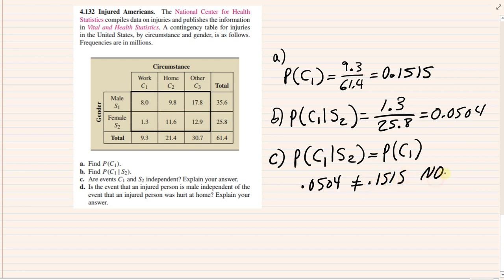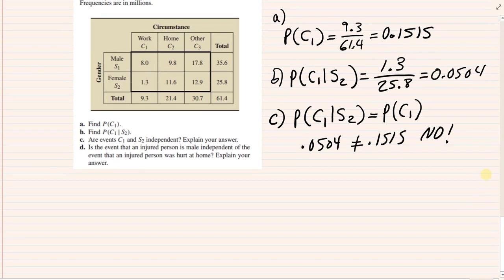So the answer is no. They are not independent. That means they are dependent. So what does that mean? It means whether the gender is male or female has a bearing on whether the injury occurred at work or not. So those are related. And part D: the injured person is male. That's S1.